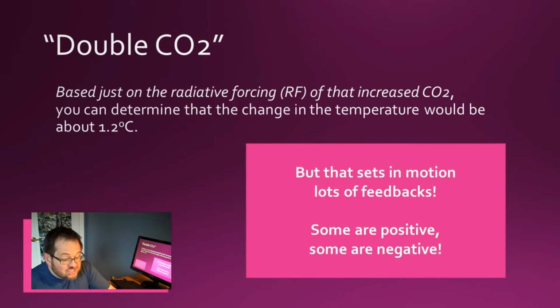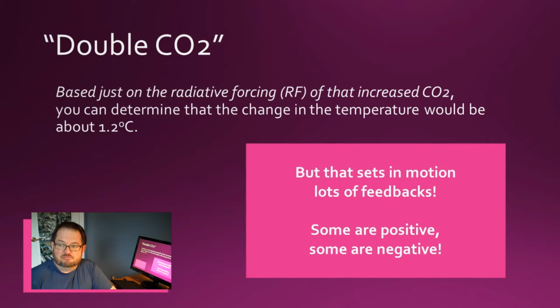But here's the deal. That's just the radiative forcing of the carbon dioxide itself. This change in temperature sets in motion feedbacks, both positive feedbacks like the water vapor feedback, and admittedly negative feedbacks like the vegetation feedbacks. All of those feedbacks are going to be working either to amplify this initial temperature change of 1.2 degrees Celsius or ameliorate it and push the climate system back towards the long-term average.